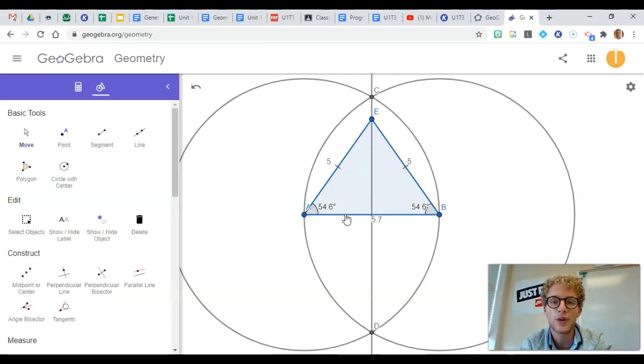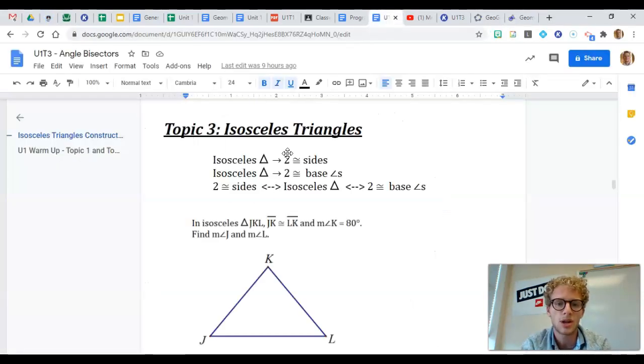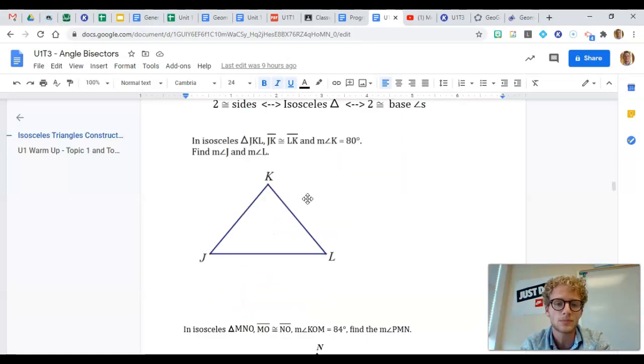Okay, so if we have an isosceles triangle, then we have two congruent sides and two congruent angles at the base. Now, let's take a look at what that would look like in action. Here's all of our conclusions. If we have an isosceles triangle, two congruent sides, two congruent base angles. If we have two congruent sides and two congruent base angles, it's an isosceles triangle.